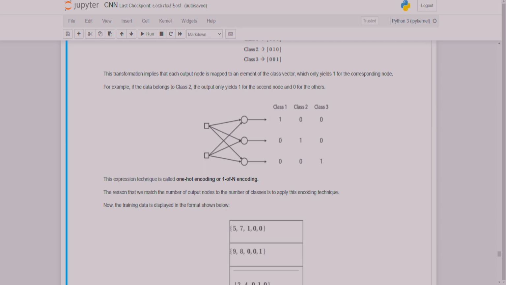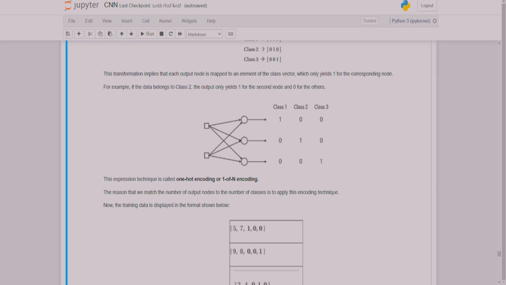This kind of encoding for our classes is called one hot encoding. It is widely used rather than the one-of-n encoding. There is another term: if you refer to various reference books, you might also find 1 of n.